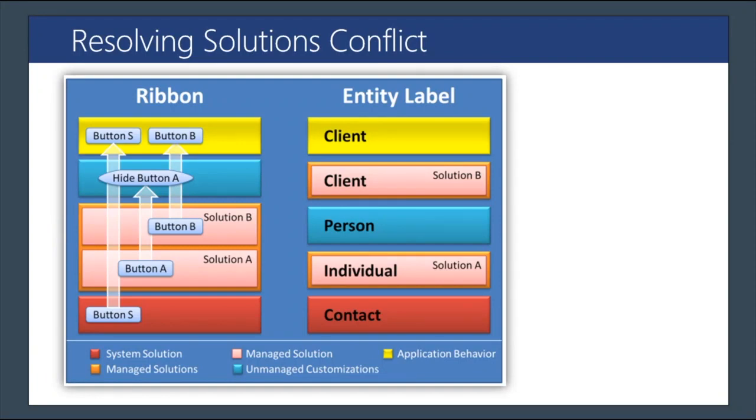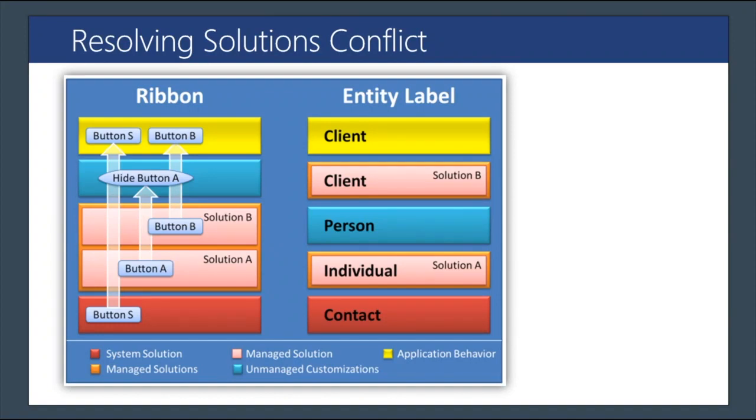Then you have an unmanaged solution that hides button A. Ultimately, what you end up seeing at the client level is button S from the system solution and button B from solution B. And so this is how the solution conflict is managed, using the ribbon customizations as an example.